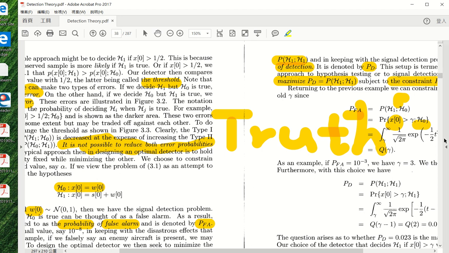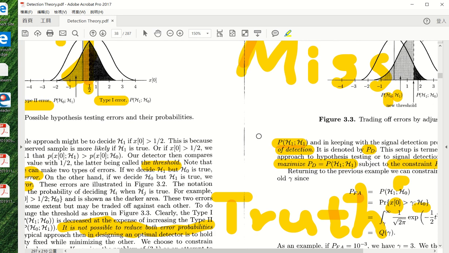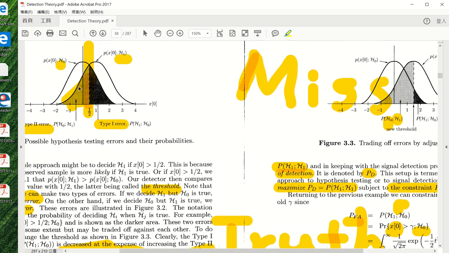But is it possible that we make a mistake? It is, because look at this: H1 and H0 both have distributions all over the horizon.